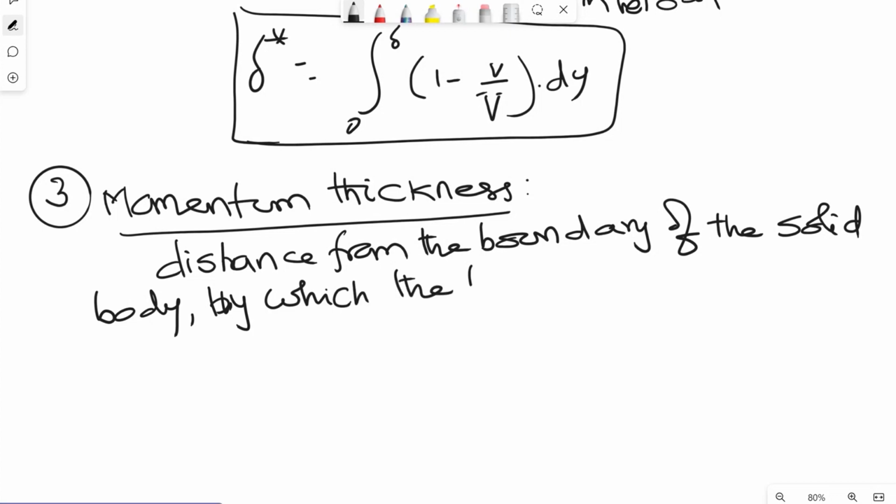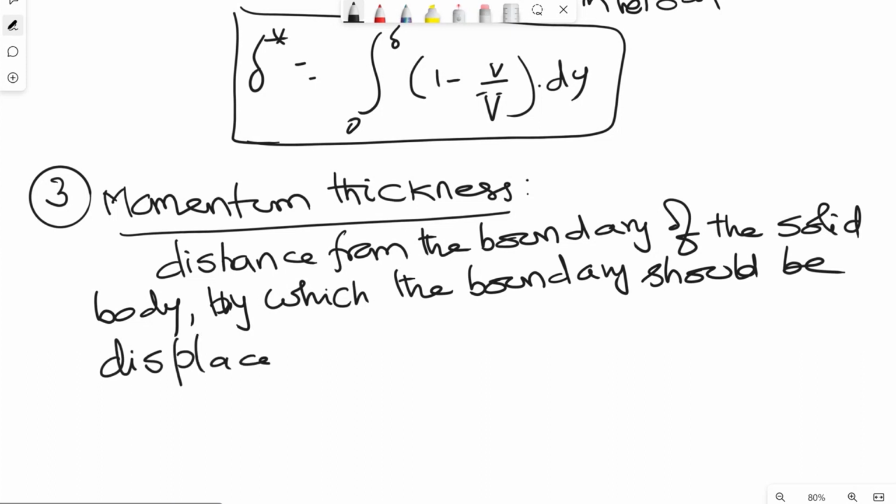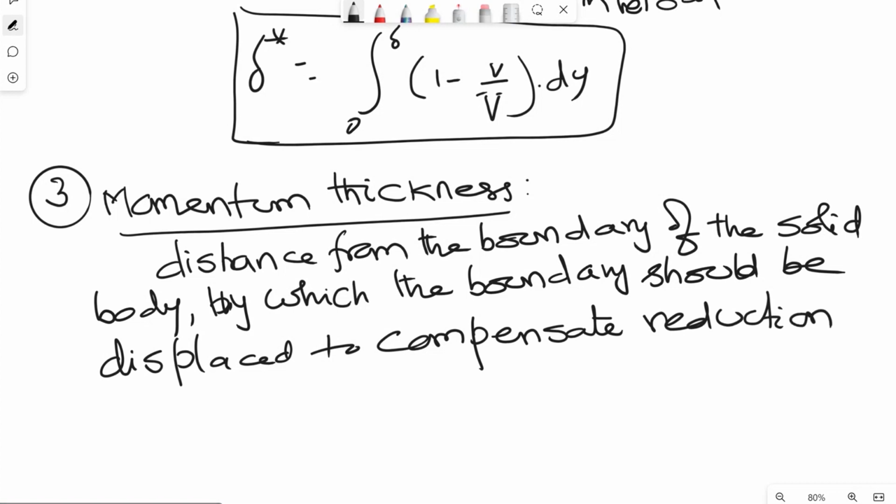the boundary should be displaced to compensate the reduction in momentum. Because once the velocity is reduced, or velocity changes from 0 to v on the boundary, the first thing is the flow is reduced.